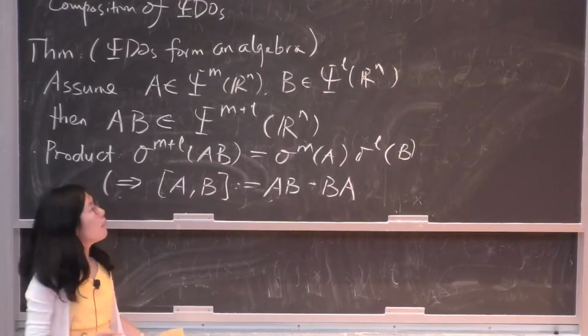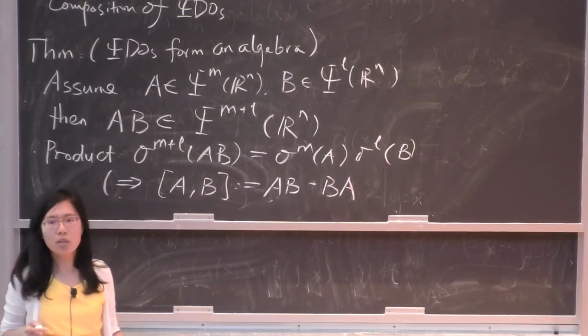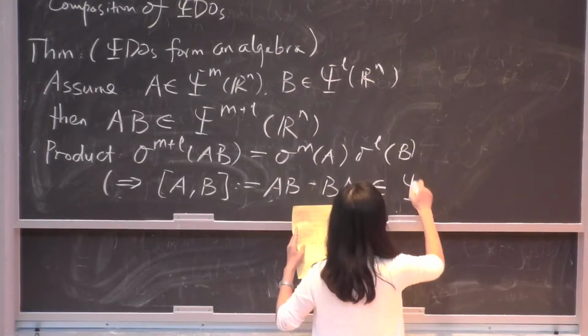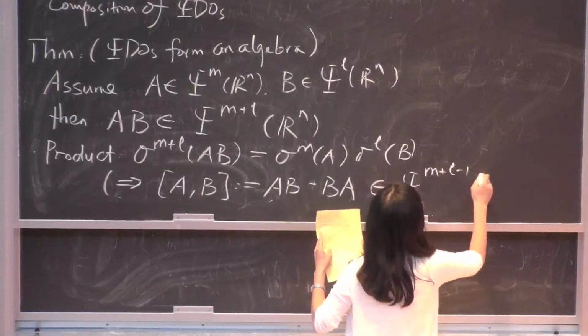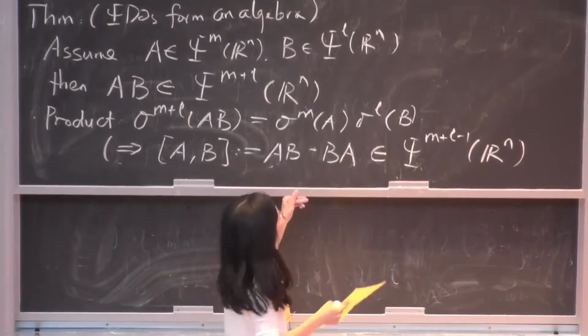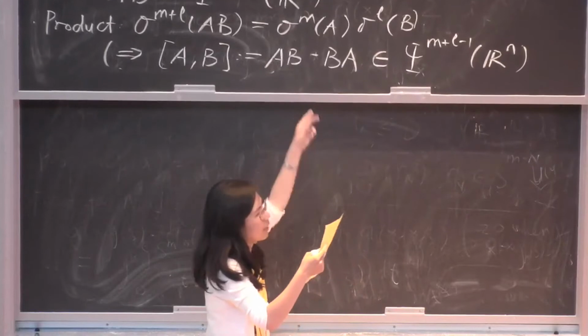And therefore, by my principal symbol definition, I know that it's going to be of lower order. So this commutator is going to be of order m plus l minus 1. OK, so that's the first thing.